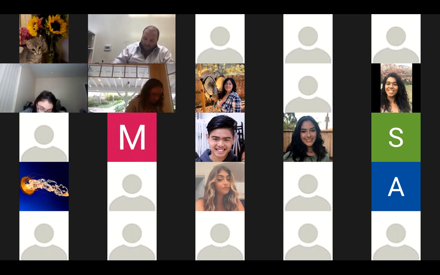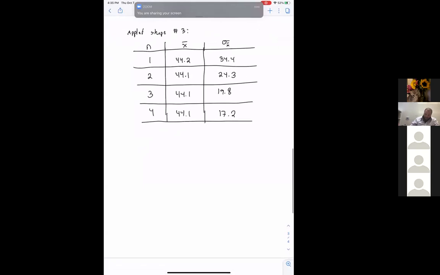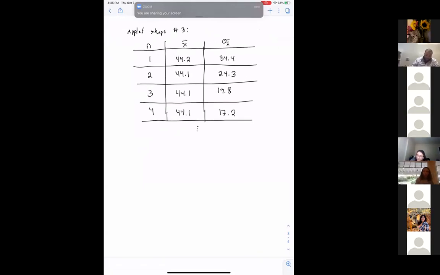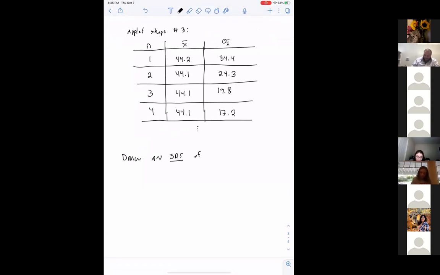The central limit theorem says as follows. Draw an SRS of size n from any population with mean mu and standard deviation sigma.